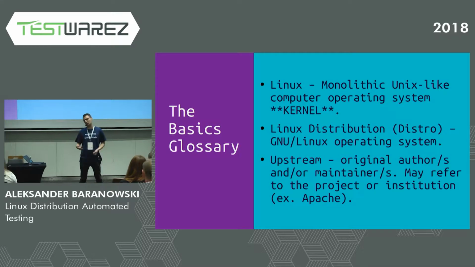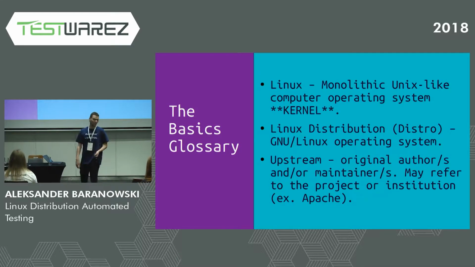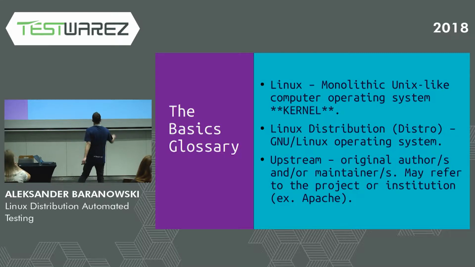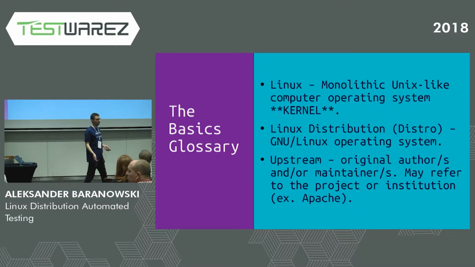But even Linus Torvalds himself always talks about Linux as the operating system. The next thing is the Linux distribution, also called the distro. And this is a GNU/Linux operating system, a specific implementation of it.